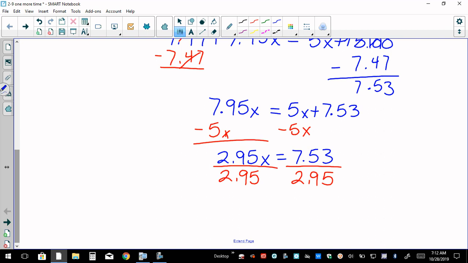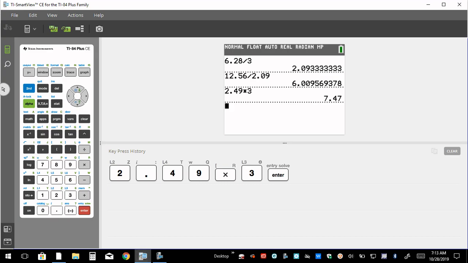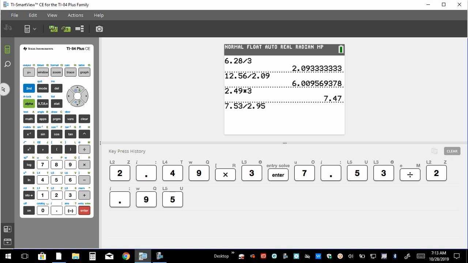And then I'm going to get my calculator, 753 divided by 295. It's going to leave me with about 2.55. We'll call it 2.6.